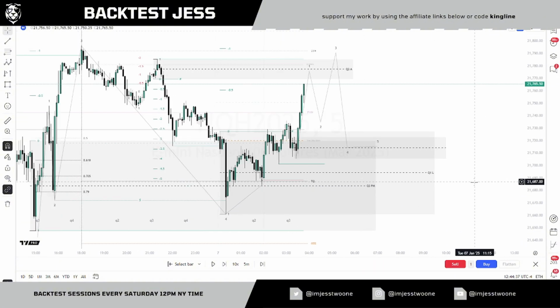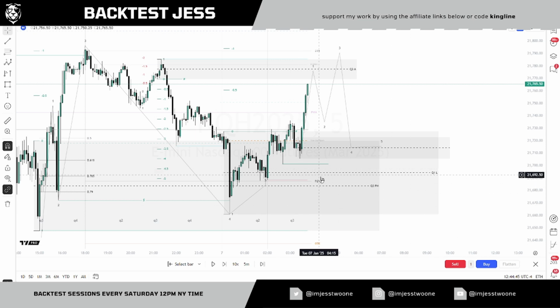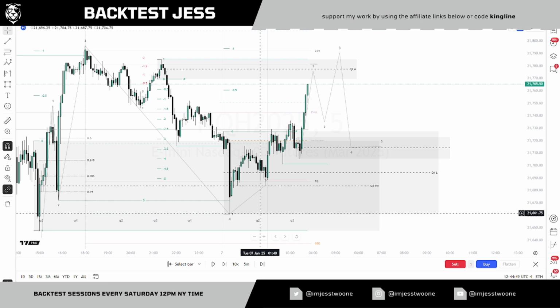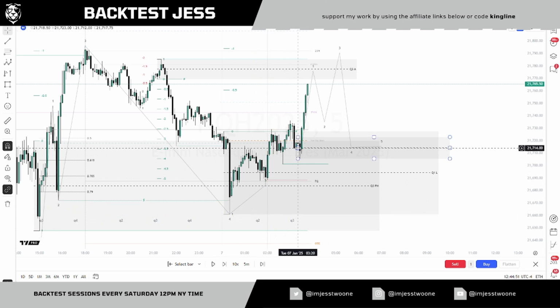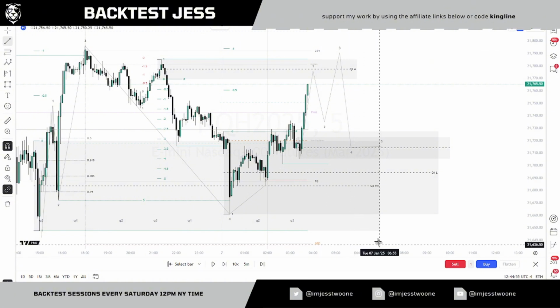However, the requirements that we have for a Q3 manipulation is that the manipulation, we wanted to sweep either a session, or we wanted to sweep the quarters, or at the bare minimum we wanted to sweep TMSO.